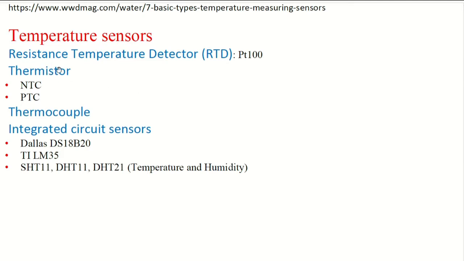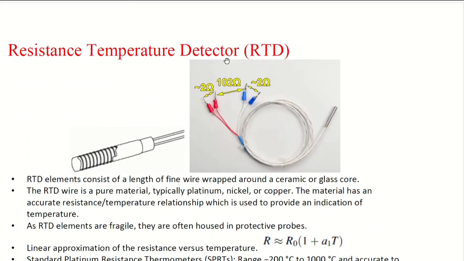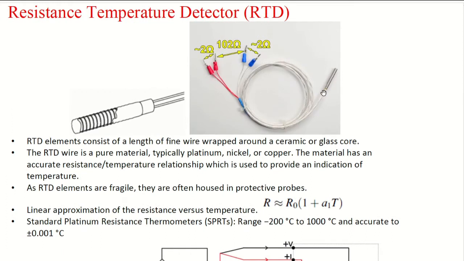Among them, we find the PT100, which is an RTD sensor. We will see it in detail. Then the thermistor, the thermocouple, which is widely used, and new sensors based on integrated circuits. So first of all, the resistance temperature detector. It's a fine wire of a particular pure material, like platinum or nickel or even copper, wound around a ceramic or glass core.